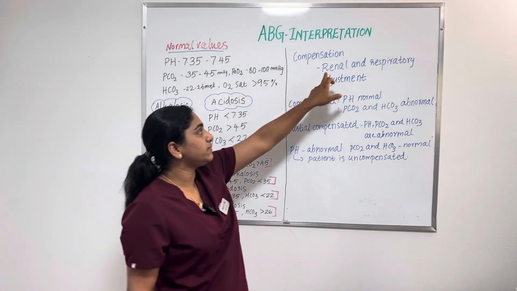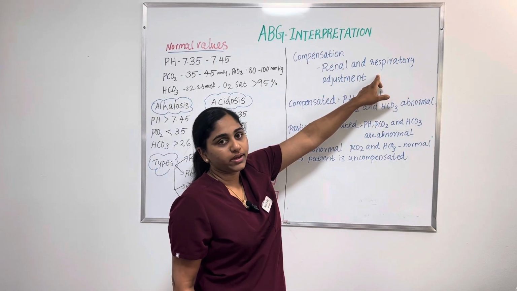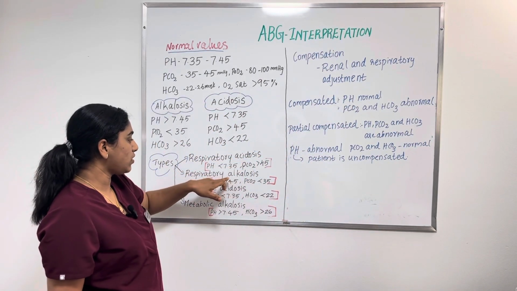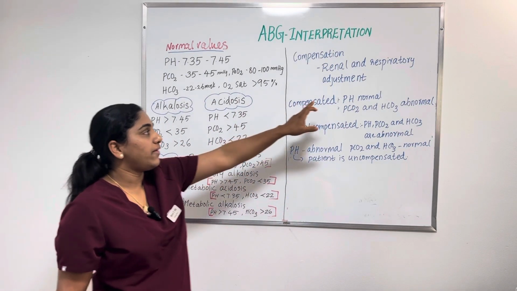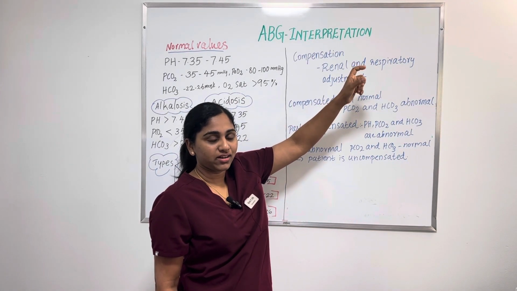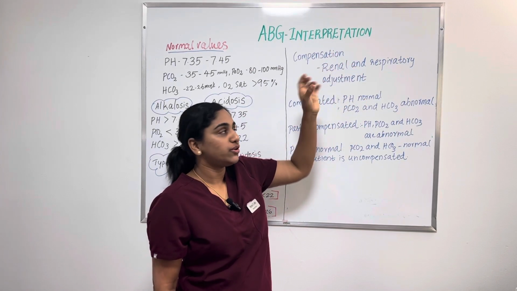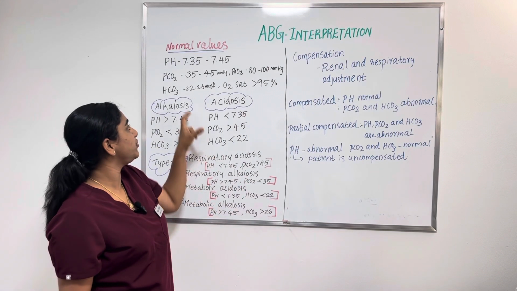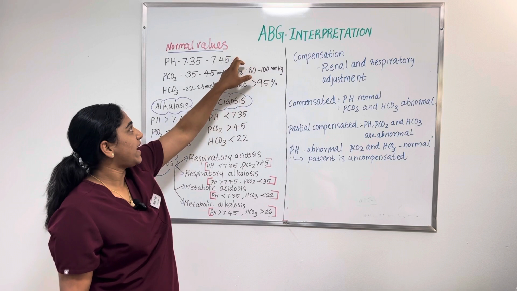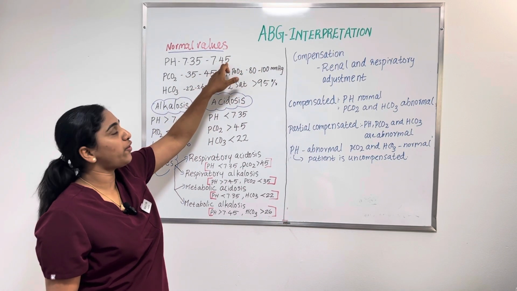It can be by the renal system or the respiratory system, okay? If there is any respiratory acidosis or alkalosis, our respiratory system will try to adjust the ventilation to get carbon dioxide back to normal, 35 to 45, so that it indirectly helps the pH go back to normal, 7.35 to 7.45.